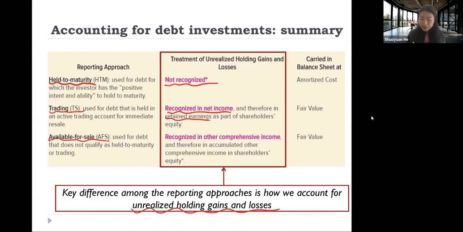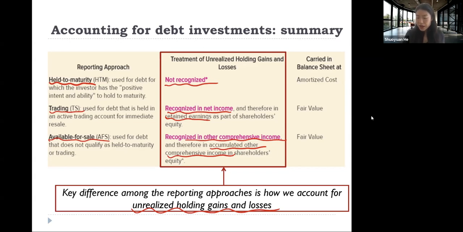Instead, we put them into other comprehensive income, and through other comprehensive income, they are eventually recognized in accumulated other comprehensive income. So those are the major differences among the three categories.